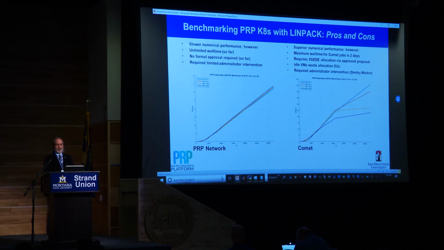Also, you need to write a proposal and have it approved by SDSC to get an allocation. And the other disadvantage is if your pods are left running but you're not actually running jobs, it still counts towards your unit allocation. So you have to shut down when you're not using them, whereas I can leave my pods running in PRP indefinitely.